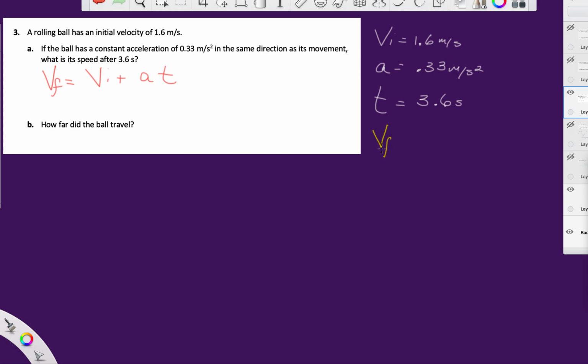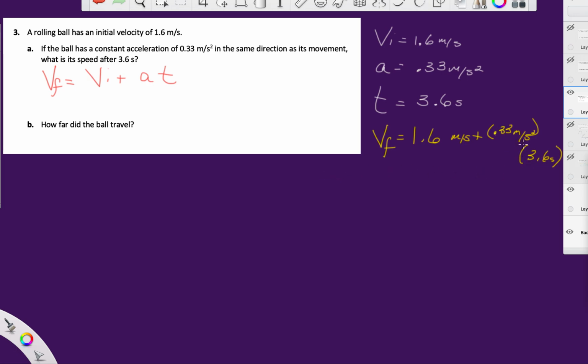VF is equal to 1 6/10 meters a second plus 33 100ths meters a second squared times, sorry, I ran out of space. I'm going to just put it right down here, 3 6/10 seconds. All right. And I'll use more space out here.